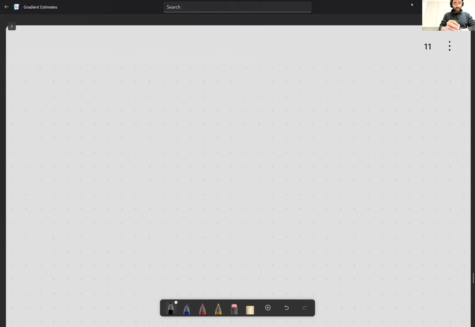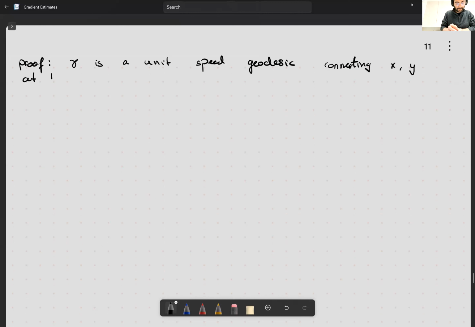Okay, so proof. Let gamma be a unit speed geodesic connecting x and y at time t.